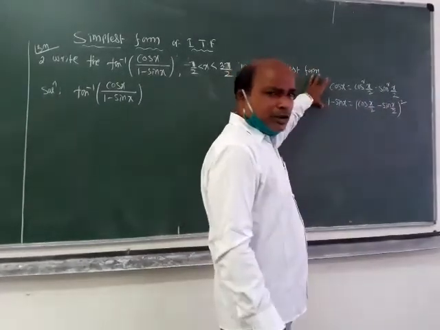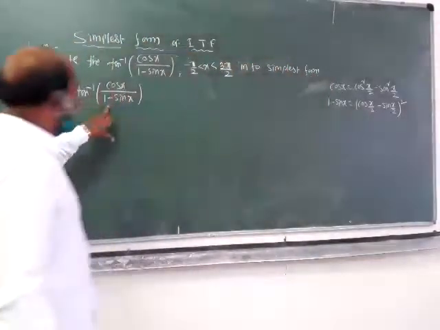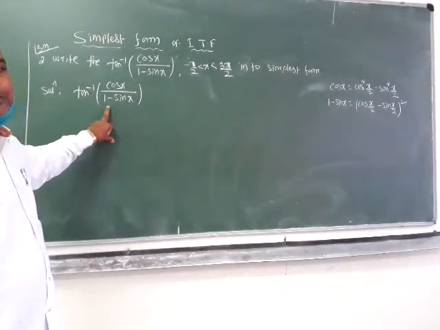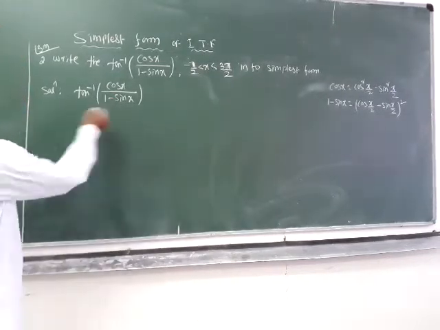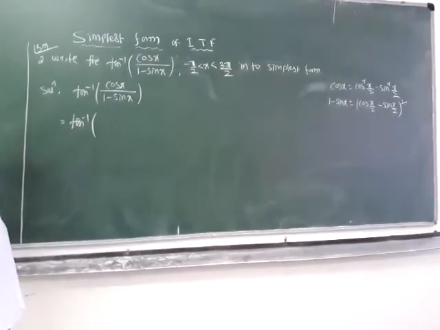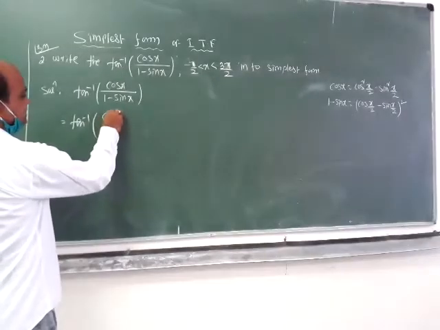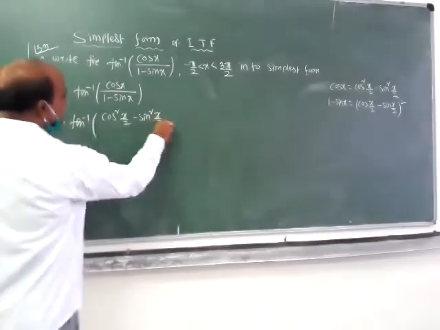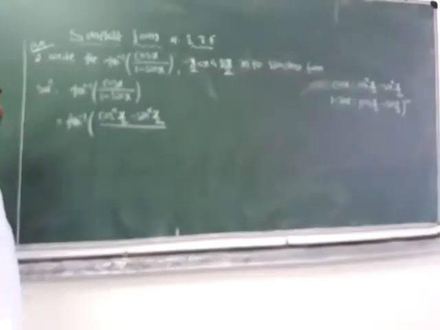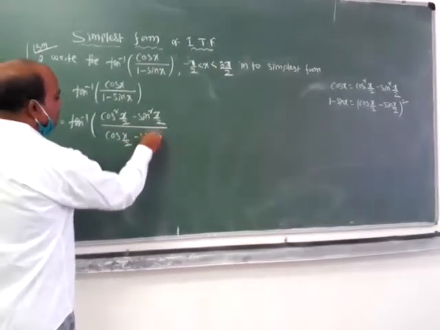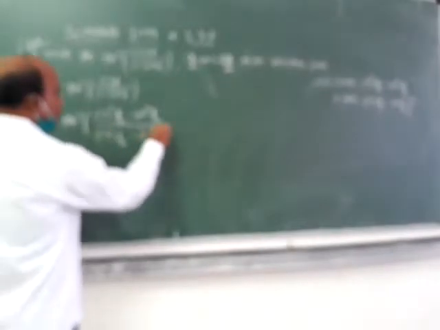So the formula written here, you substitute here. Because if you don't know the formula, it is very difficult to do. So tan inverse of cos x can be written as cos square x by 2 minus sin square x by 2 upon cos x by 2 minus sin x by 2 whole square.